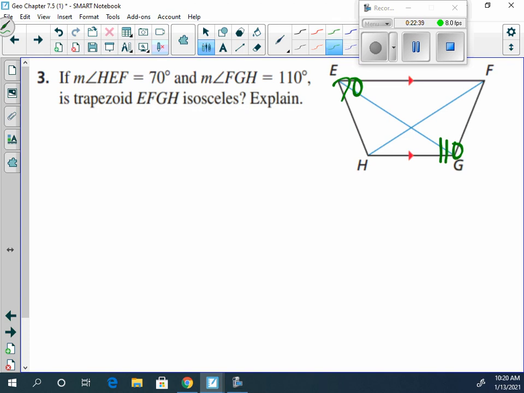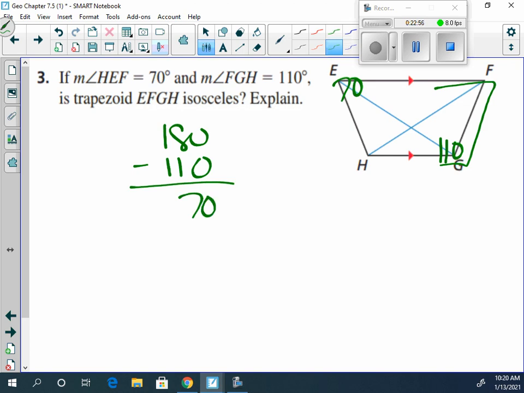Now, the one thing we do know about trapezoids is that the angles between the parallel lines add up to be what? 180, yes? So if I take 180 and subtract 110, what do I get? Well, 70 degrees, yes? So that tells me angle F is 70 degrees.